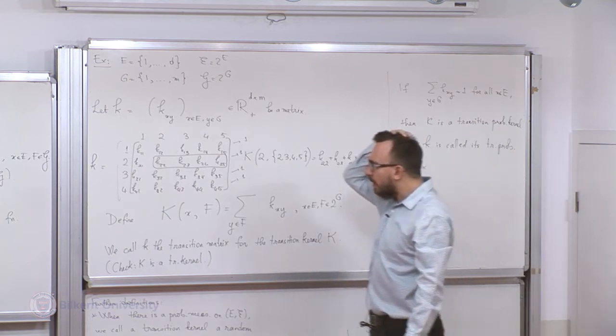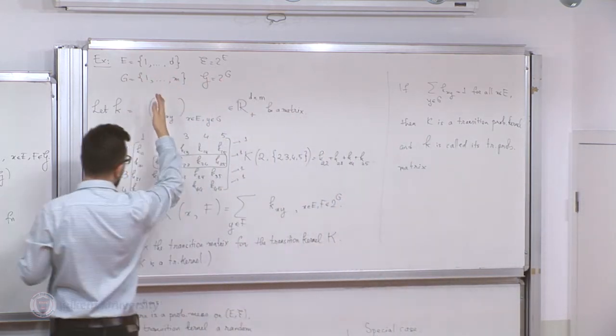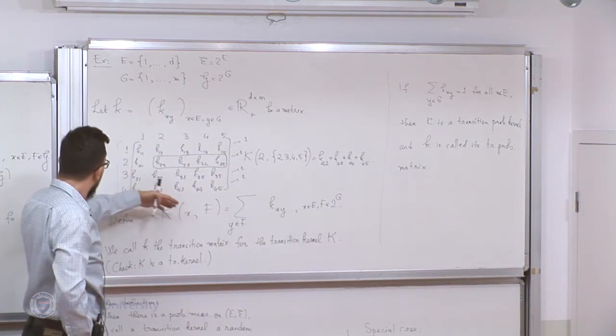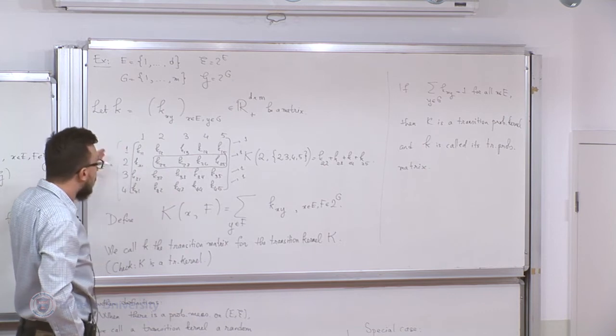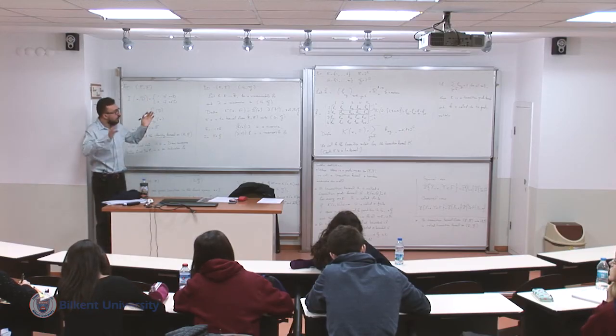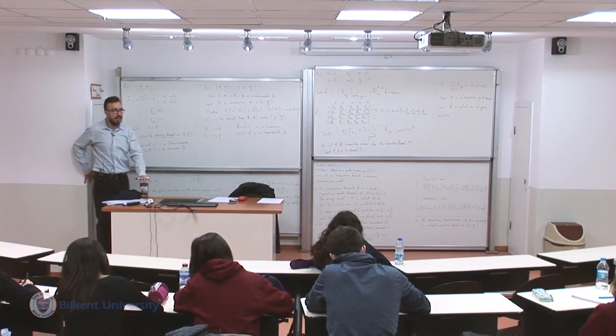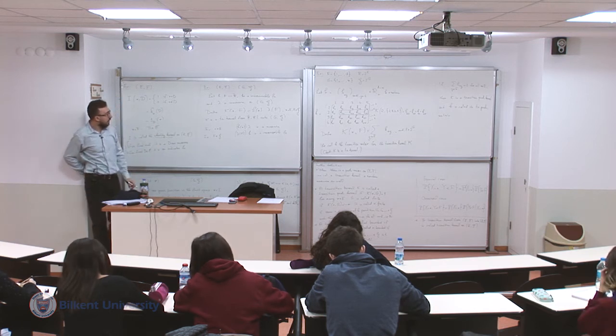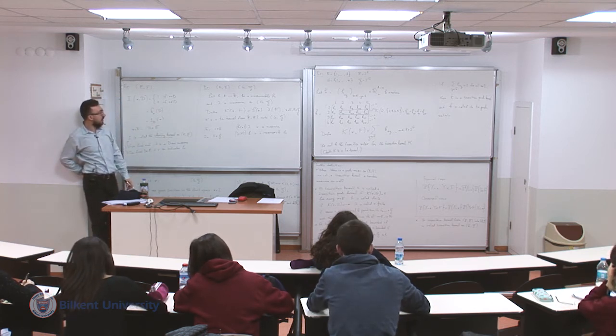So if you deal with finite sets, you don't really need the kernel, but you can just work with its transition matrix, right? The matrix would be enough. But if you have a continuous or a general state space, for the second one, the matrix is not enough.